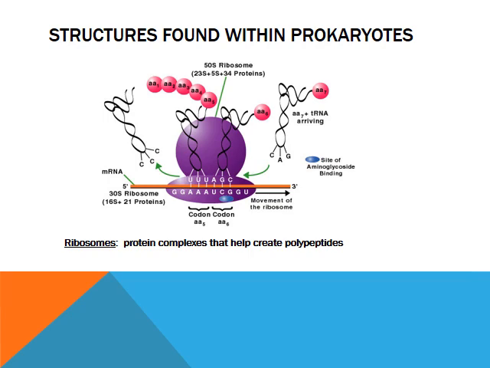Ribosomes are proteins and nucleic acids combined that convert RNA to a polypeptide. Pretty much, these are little protein-making factories. So all of them across the board have a plasma membrane, a nucleoid region, and ribosomes.